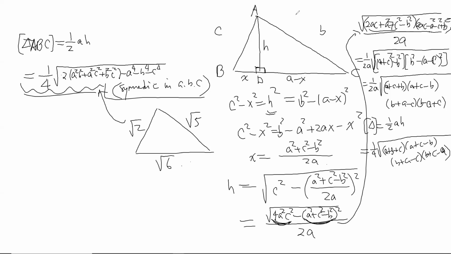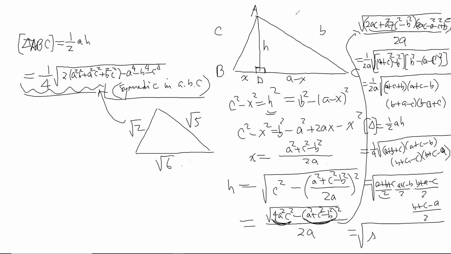Agree? Let's push the 1/4 inside, give a 1/2 to each one. So you get a plus b plus c over 2, 1/2 of a plus c minus b, then 1/2 of b plus a minus c, then times 1/2 of b plus c minus a. Agree?